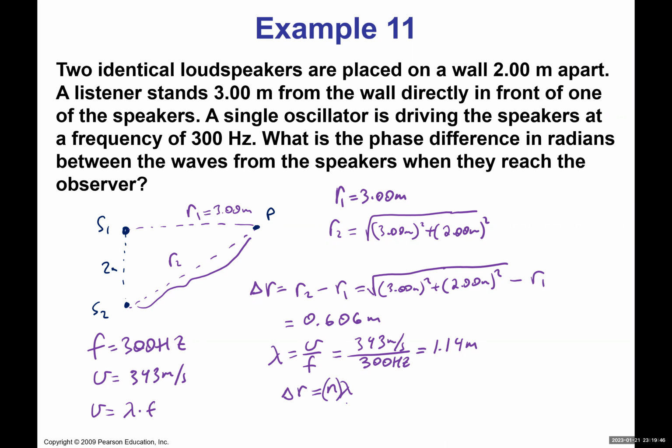Most of the time it can be somewhere in between. So we can take the delta R divided by wavelength to find the coefficient in front of the wavelength in that equation. That means if I do 0.606 divided by 1.14 meters, we're going to get 0.530.